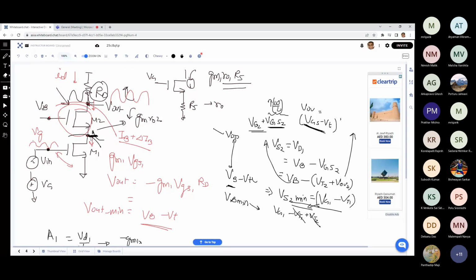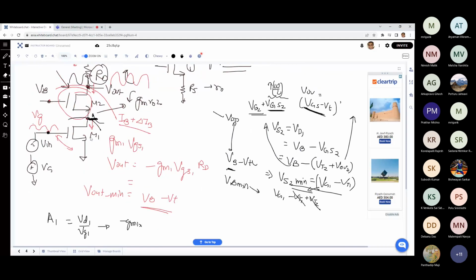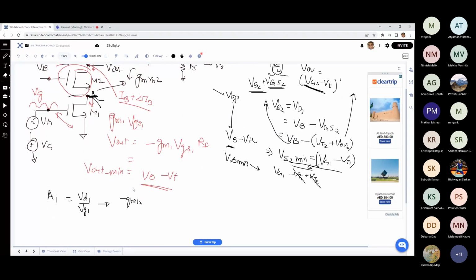In that case, the impedance looking upward is simply 1 upon GM2, because we are assuming the condition that RD is much lower than RO. And if we assume that the currents are the same and W by L are similar, this is close to unity. So as compared to the normal common source, where you directly connect RD over there and the gain was GMRD, which was a large number, here it is close to 1.